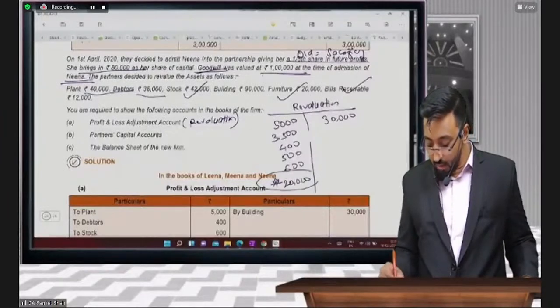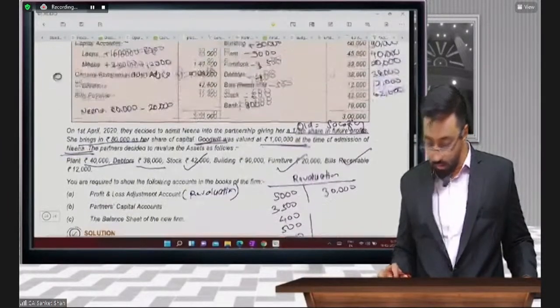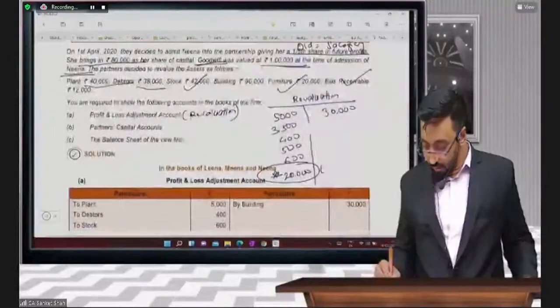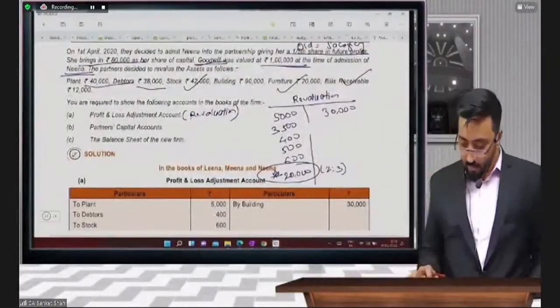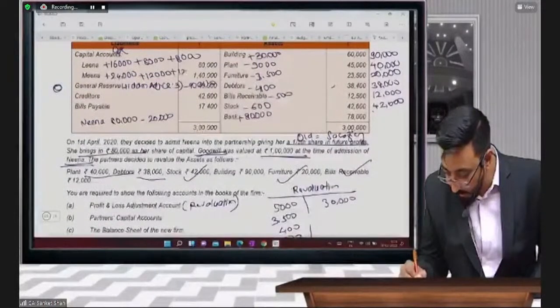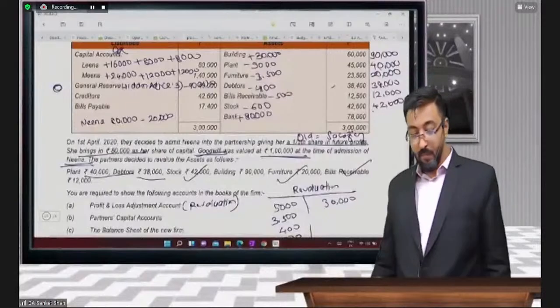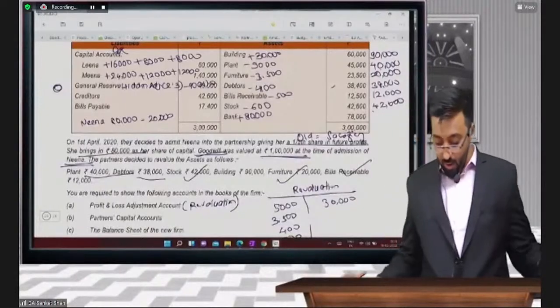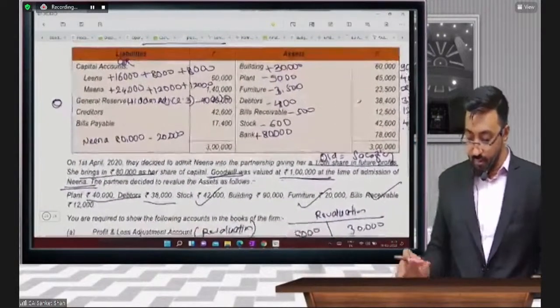So the revaluation profit will be shared in the old ratio, old ratio beta 2:3. So 8,000 we will add for revaluation and 12,000 we will add for revaluation. So the revaluation adjustment is also over. That is the P&L adjustment.